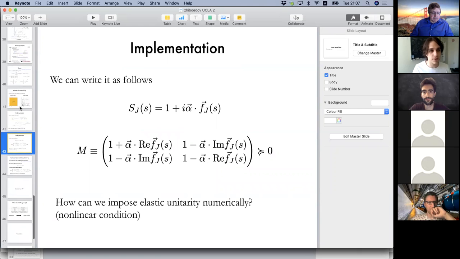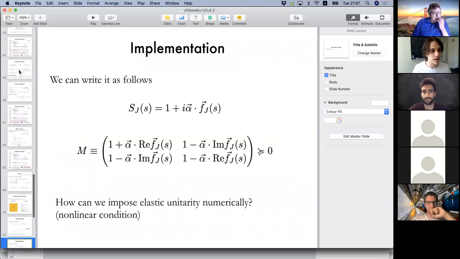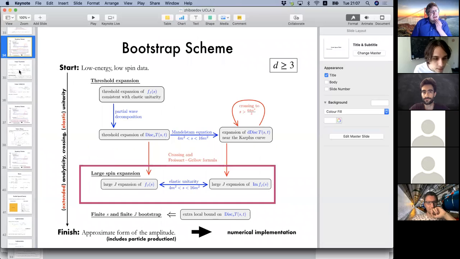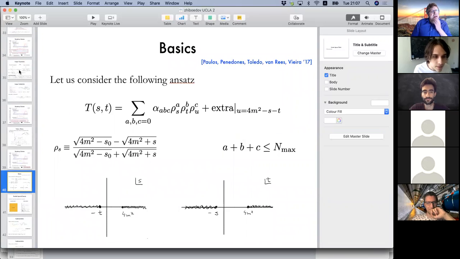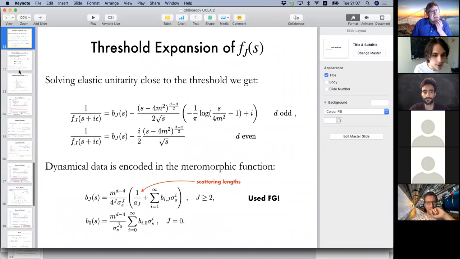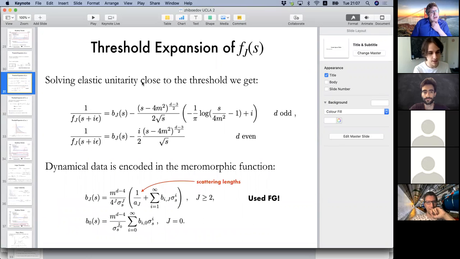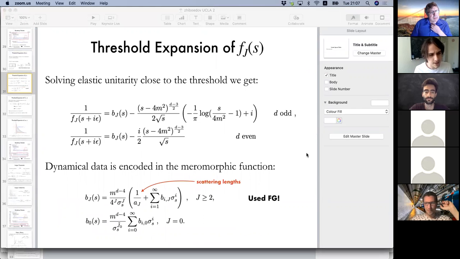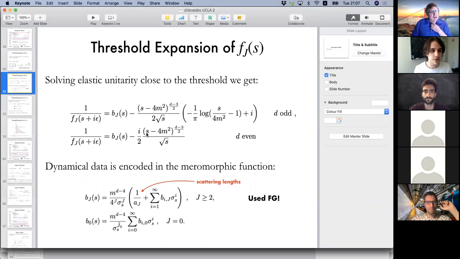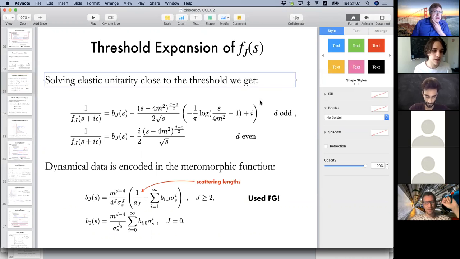I think these equations below are equivalent to what people call the effective range expansion, when people think about nucleon scattering or something like that, which is also basically purely elastic.